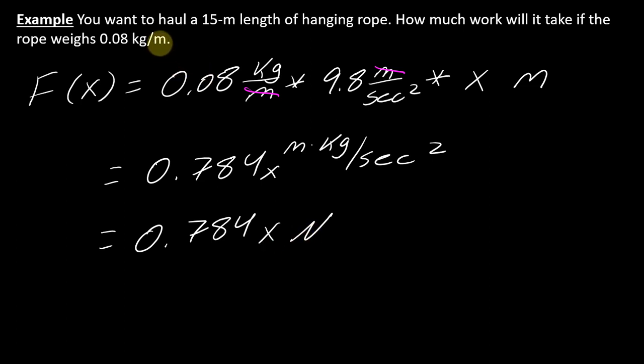So what I'm saying is that if they give you this density and it doesn't mention newtons, then you're going to have to multiply by the acceleration due to gravity. If it has newtons, then you don't have to do that. Because ultimately, as long as you end up with a function that ends up in newtons, you're good to go. You're just doing whatever work is required to make that happen.